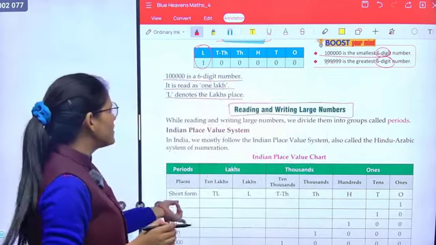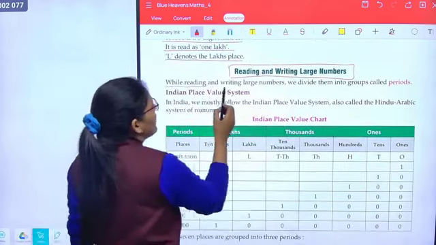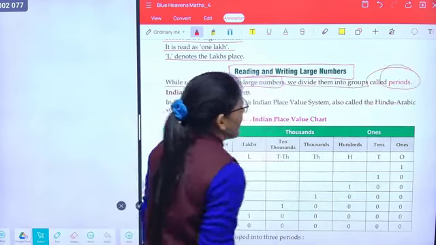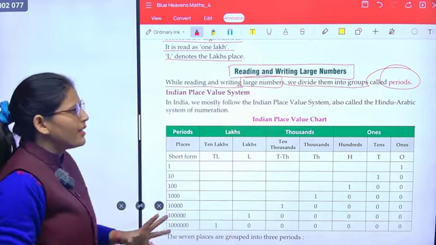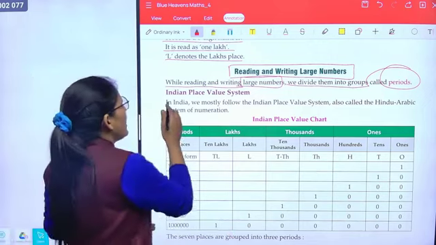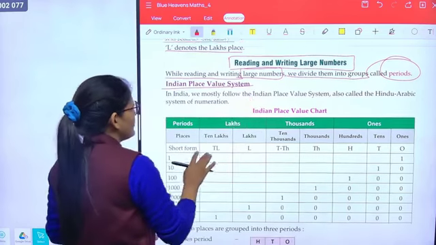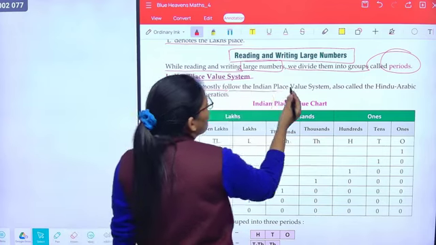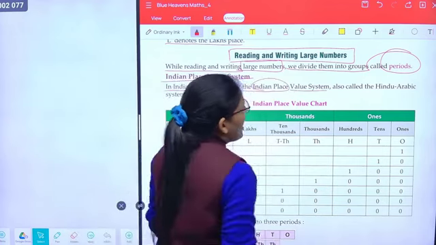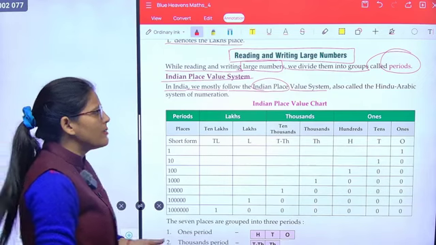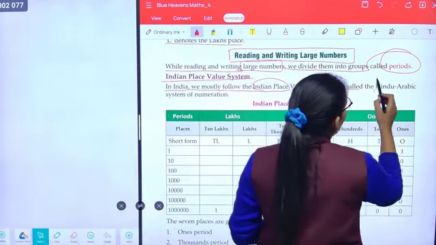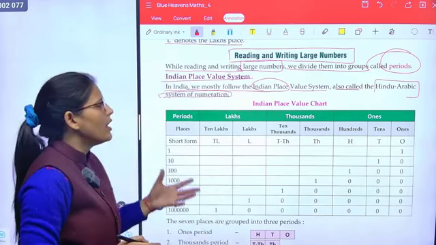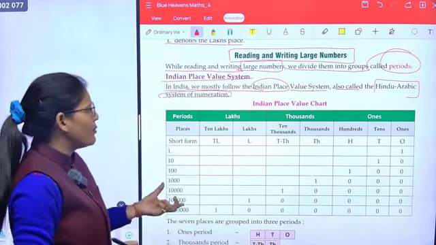Reading and writing large numbers. While reading and writing large numbers, we divide them into groups called periods. Indian place value system. In India, we mostly follow the Indian place value system, also called the Hindu-Arabic system of numeration.